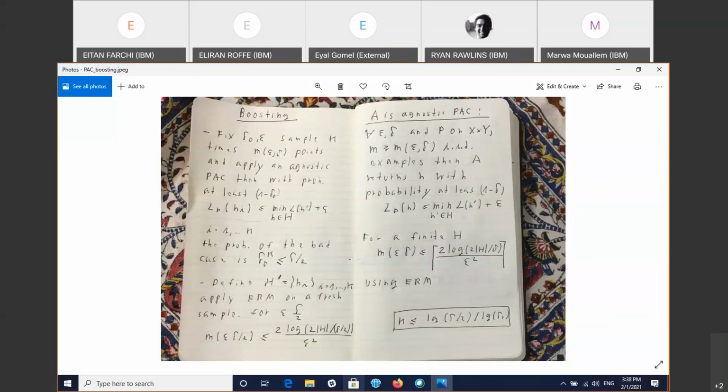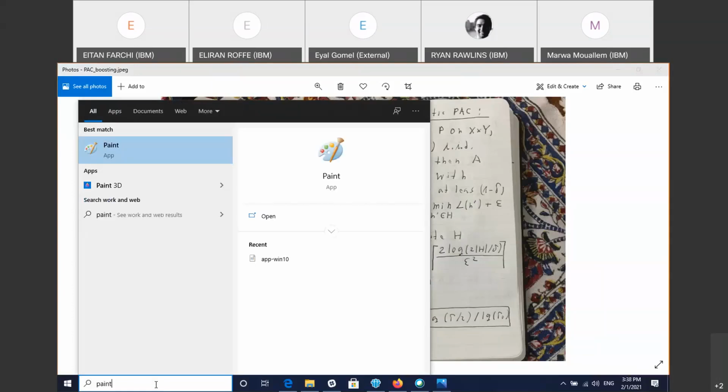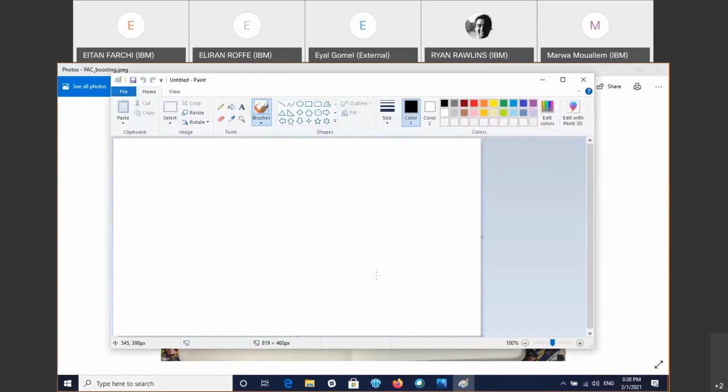Okay, so let's have a look here. Let's take a very simple example. Assume we're looking at just a one-dimension learning problem. Very simple.